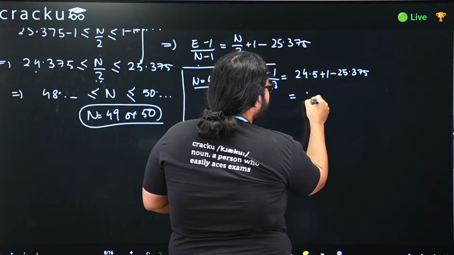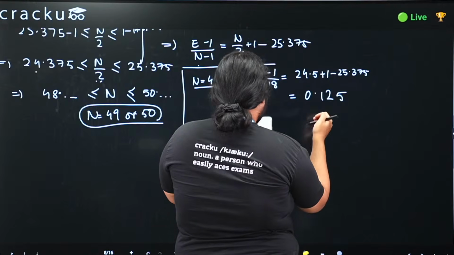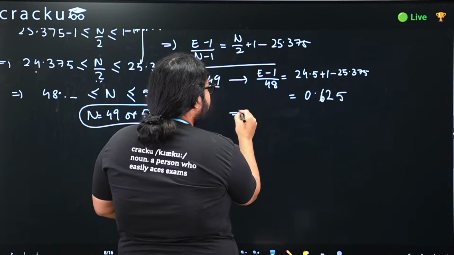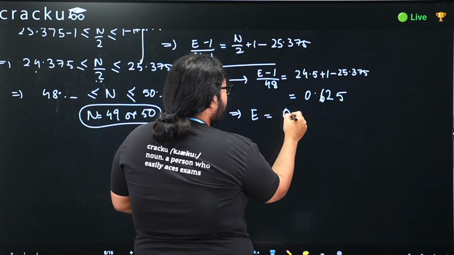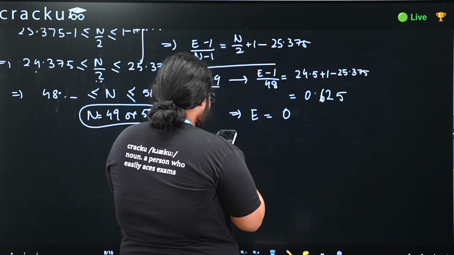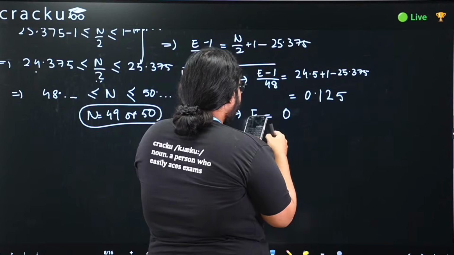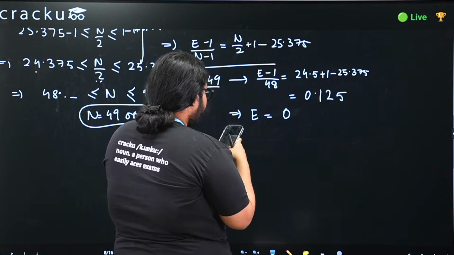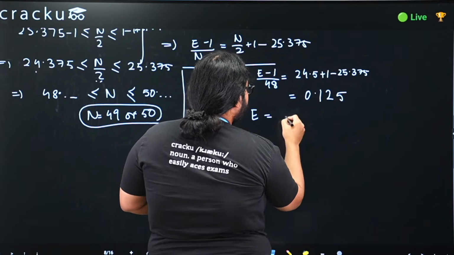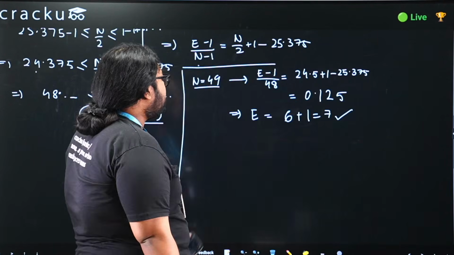So this should give me 0.125. This gives me E is equal to 0.125 times 48 plus 1. So 0.125 times this is 6 plus 1, which is 7. So the E minus 1 value we found to be 7.